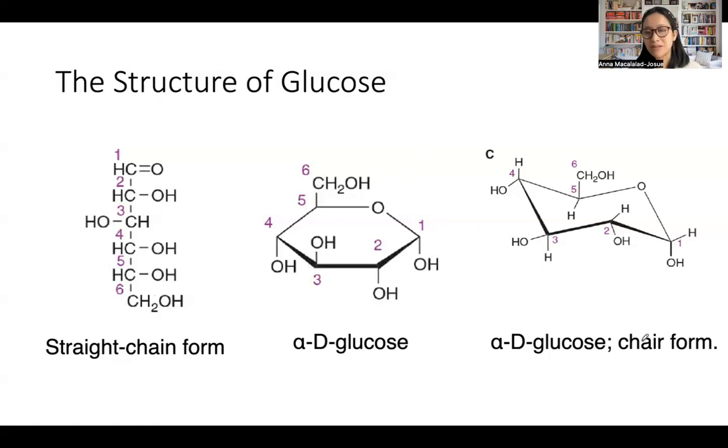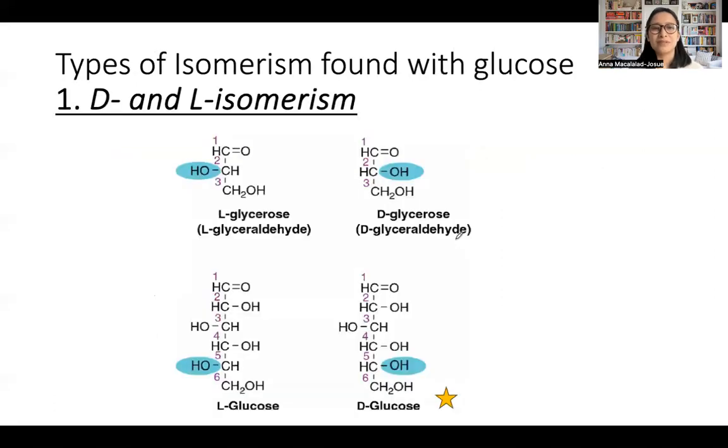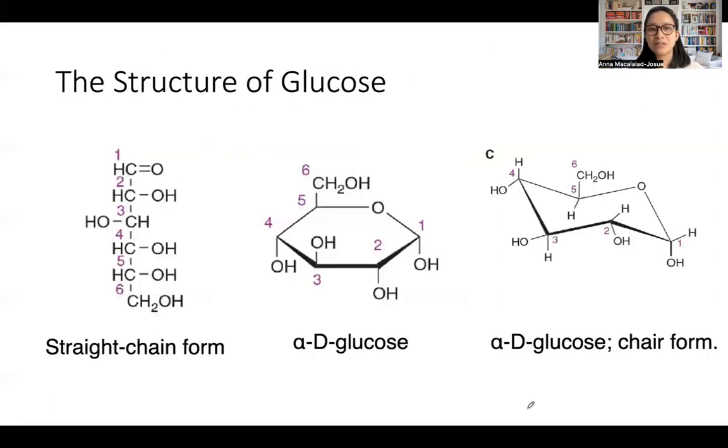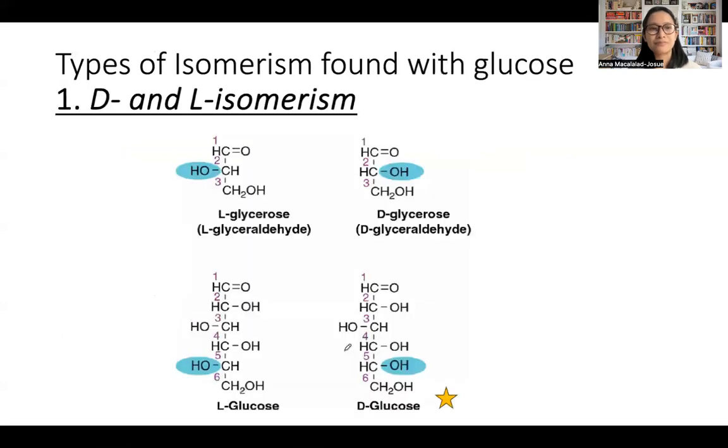And lastly, you have the chair form. It looks like a chair. There's your carbon atom 1, position 1, 2, 3, 4, 5, 6. But they're all glucose. These are the different ways on how we present the structure of glucose.